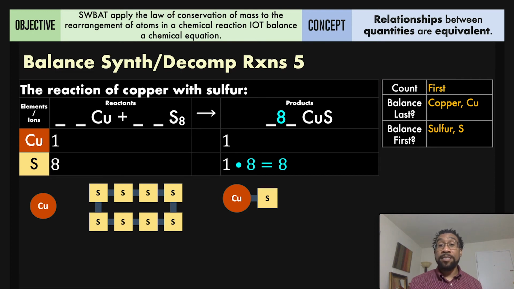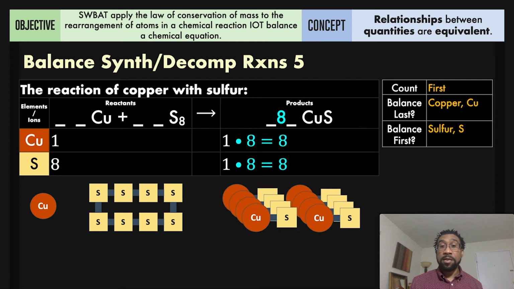So I put an 8 in the blank, but I need to also multiply copper by 8, like so. Notice, see that imagery right there? I had to multiply everything by 8. So now I have 8 coppers and 8 sulfurs on the product side.